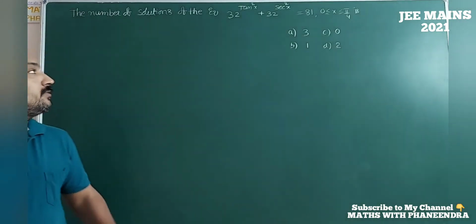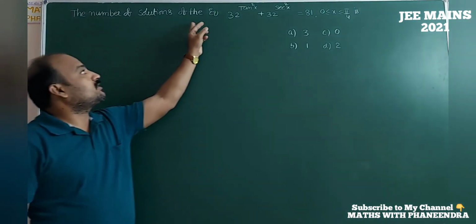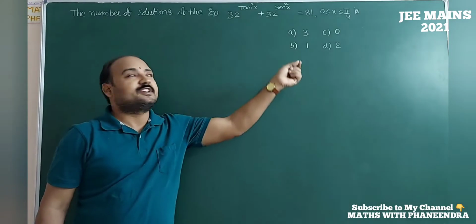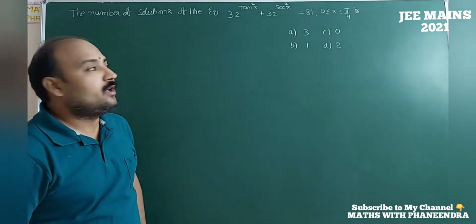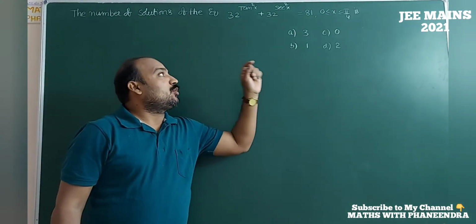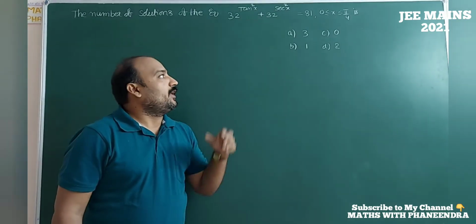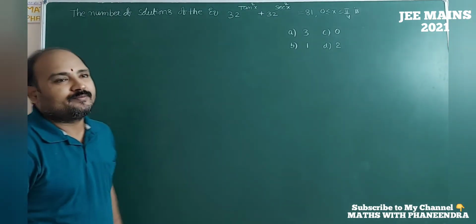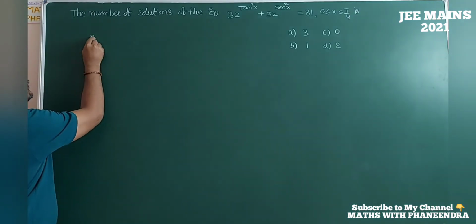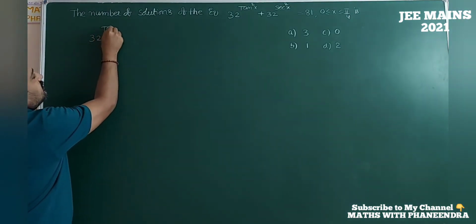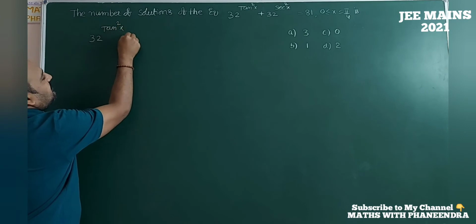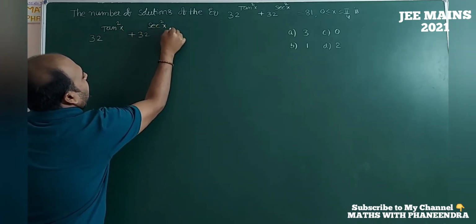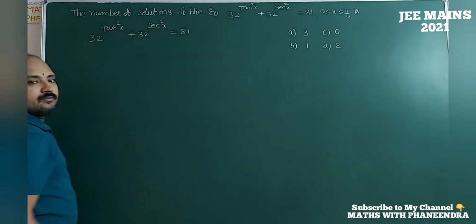The next question. The number of solutions of the equation 32 power tan square x plus 32 power secant square x equal to 81, where 0 is less than or equal to x is less than or equal to pi by 4, so in the closed interval 0 to pi by 4. So what is the given equation? 32 power tan square x plus 32 power secant square x is equal to 81.